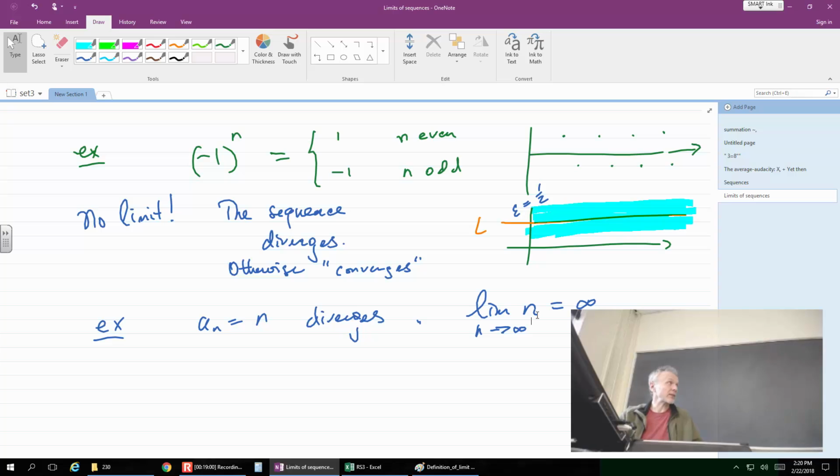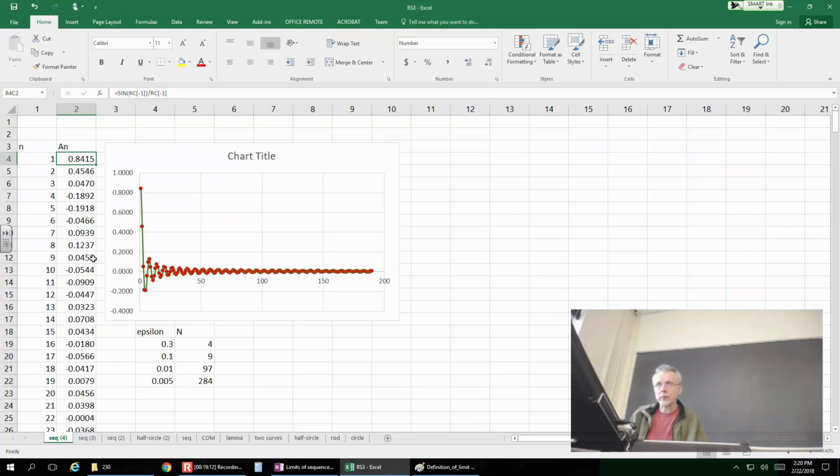So in a sense, you can say that infinity is the limit, even though it's not a number. Okay, so let's do this one more time, and in this example of a sequence, I will replace sine n with negative 1 to the n.